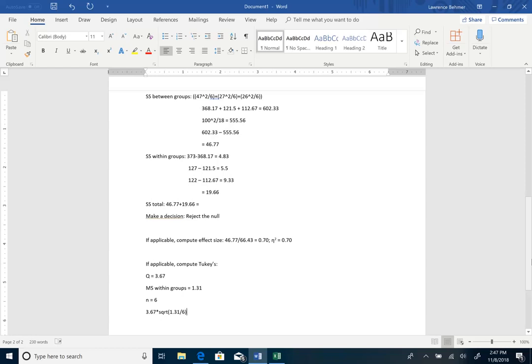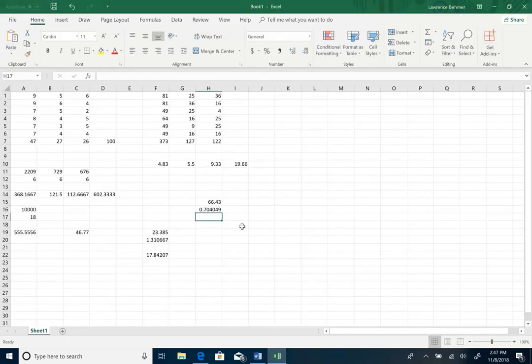I think I can just copy and paste this into Excel. If I put an equal sign in front of it and paste it in there, it should run it for me, and it does. So this gives me a Tukey's of 1.714. We'll just say 1.71.